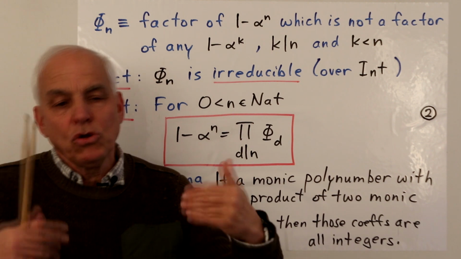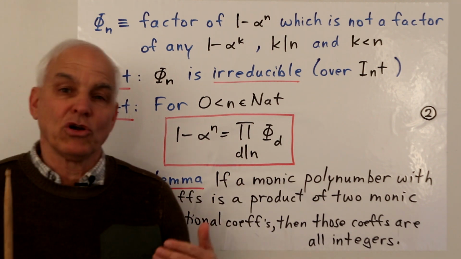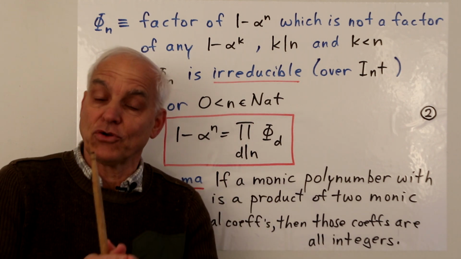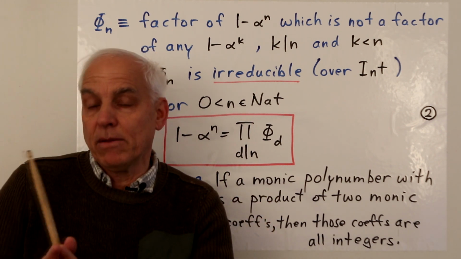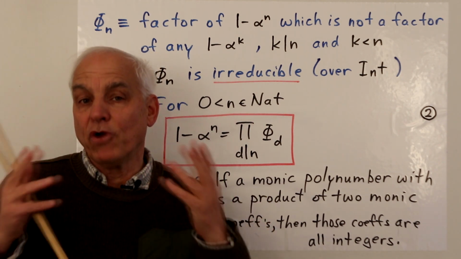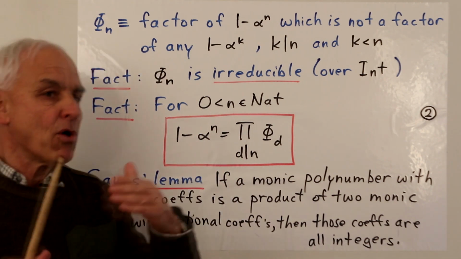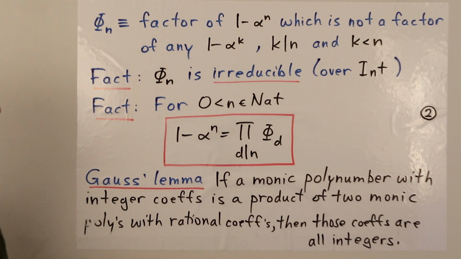Usually we like to think about irreducibility in terms of integers, where we're talking about polynomials with integer coefficients, but sometimes it's more convenient to think about polynomials with rational number coefficients. So those two notions of irreducibility might be a little bit different.